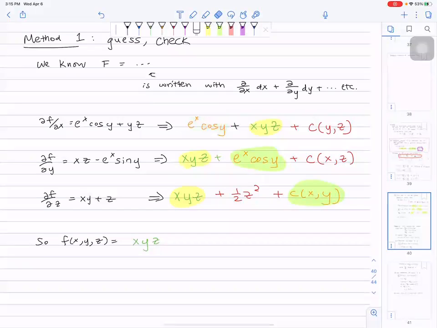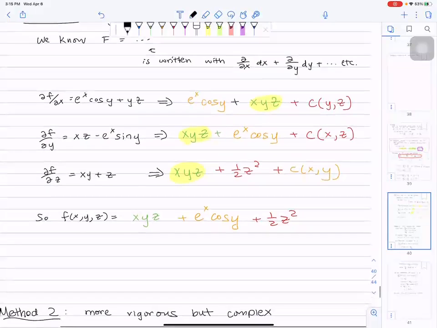And lastly, we need this half z squared to show up, because when we take the partial, we need it in this partial. And if we took the partial of half z squared with respect to y, it would disappear anyway, so that's fine.